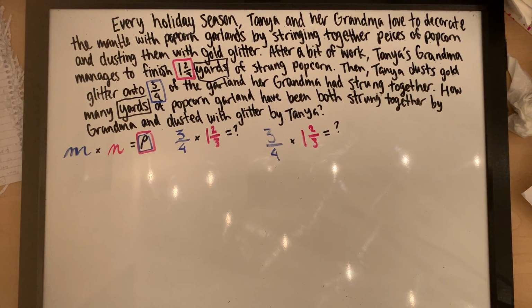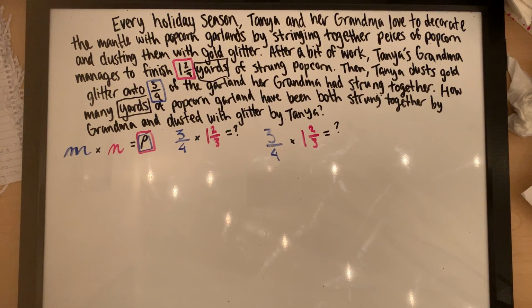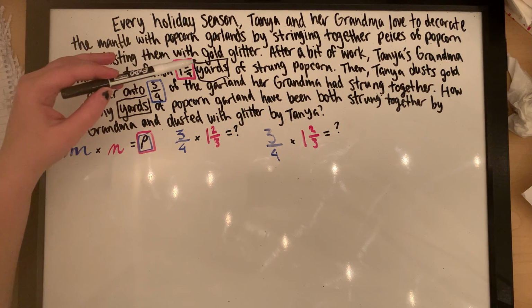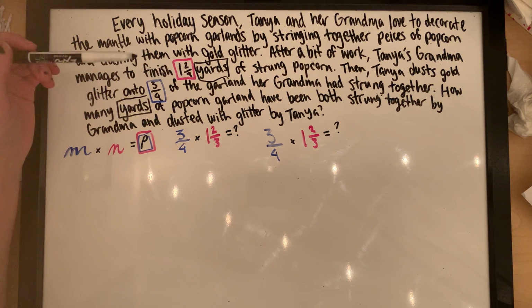So let's draw a strip diagram to help us solve this problem. So let's start with Tanya's grandma as she finishes 1 2/3 yards of strung popcorn.